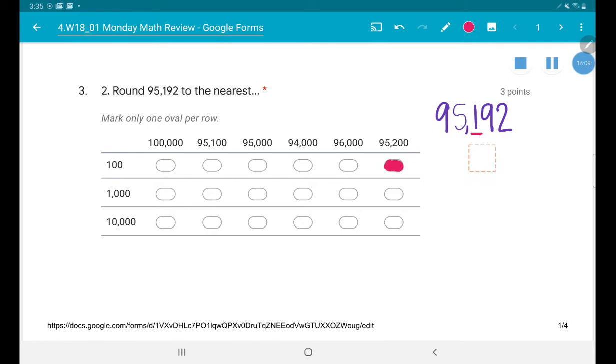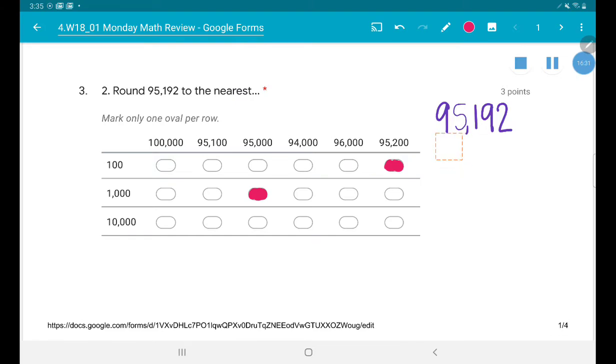Same number, this time I'm rounding to the nearest thousand. So if I look at my thousands place value, I have 95 thousands. 192 is less than the midpoint, so it's closer to 95,000 than 96,000.